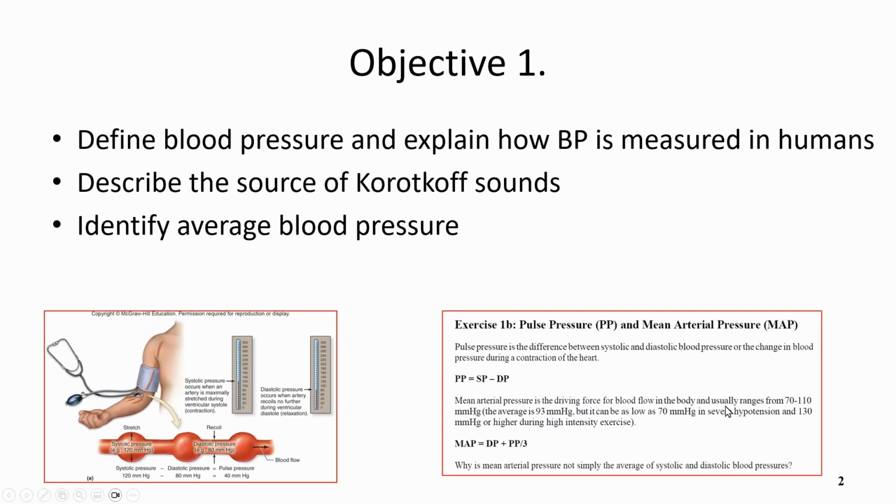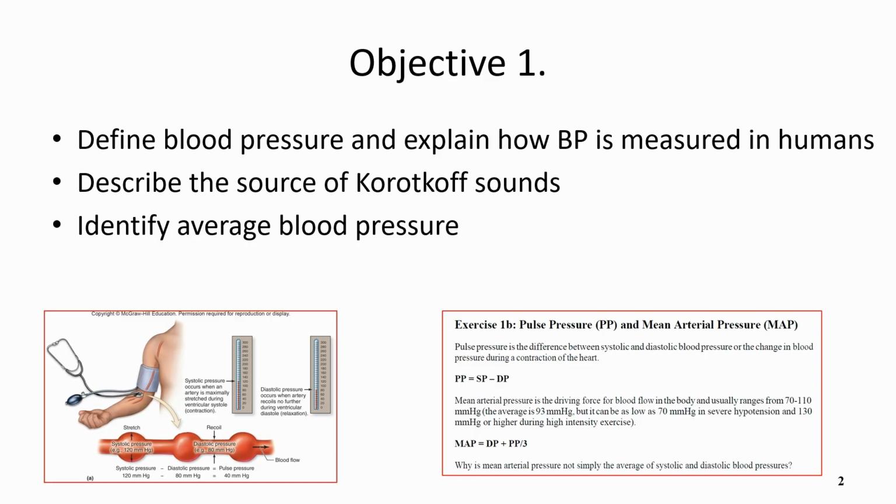All right, so in this video, I want to go over the pre-lab based on the learning objectives for Lab 5. Objective number 1 is to be able to define blood pressure, and that's pretty much what we did in the lab, based on systolic and diastolic pressures.